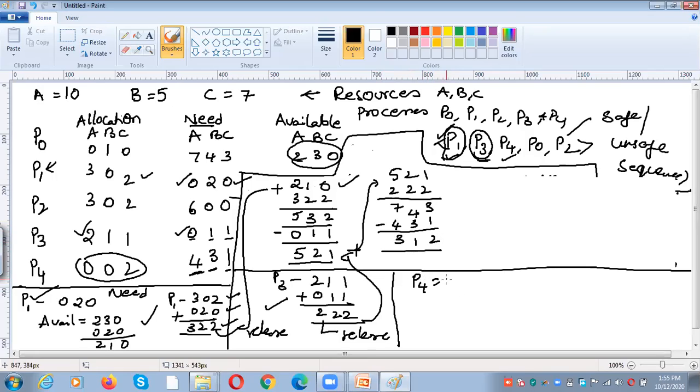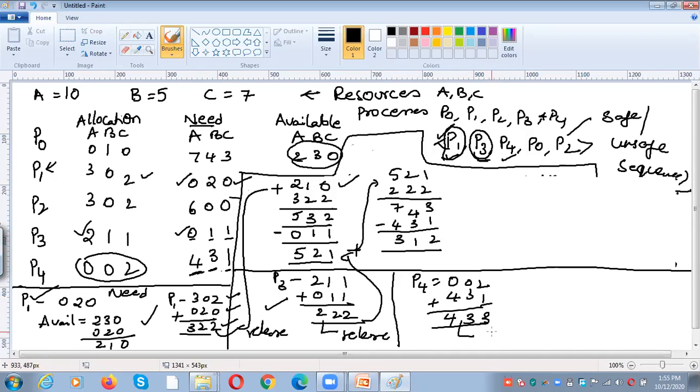So what about P4? P4 earlier used 0 0 2. Now you are assigning 4 3 1, so in total the allocation to P4 is 4 3 3. Okay. After using these resources, P4 completes its task, because all the needed resources are allocated to P4.